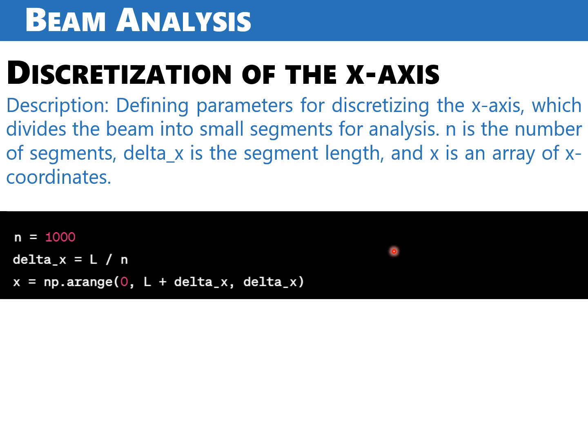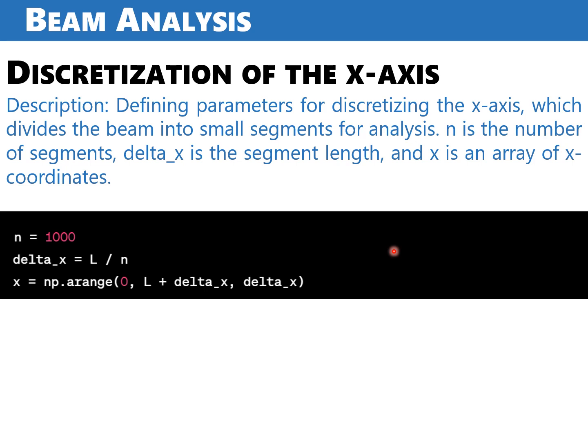So the extreme values of the x-axis in this case will be 0, which is the starting point of the beam, and L, which is equal to the full length of the beam. For instance, there is a beam of 10 meters. The values of the x-axis will begin from 0 and go up to 10.